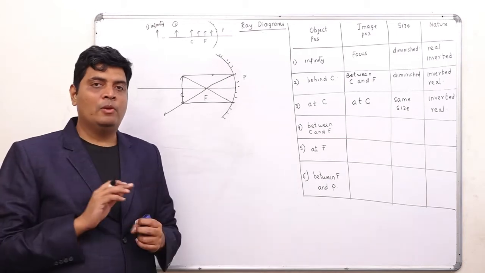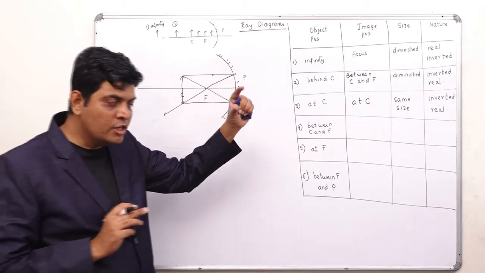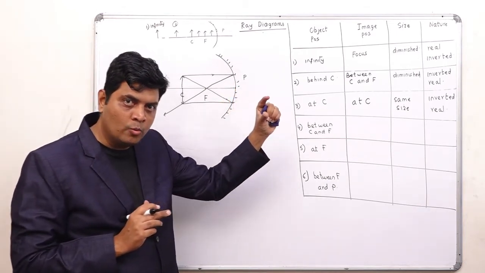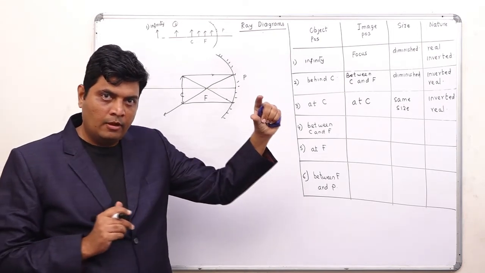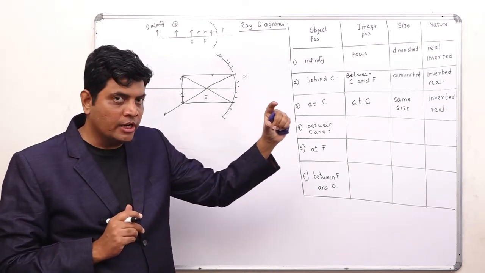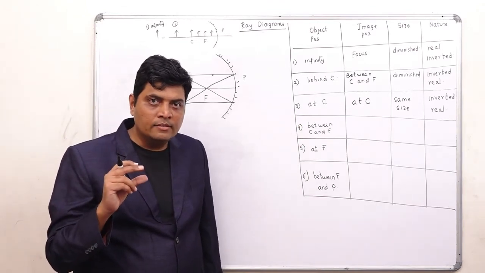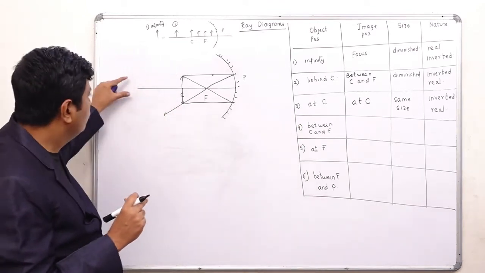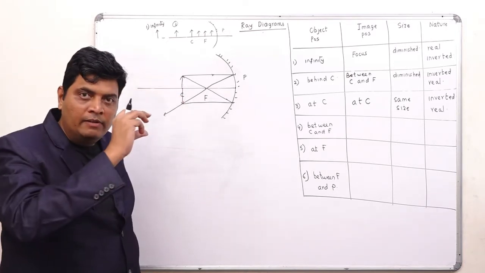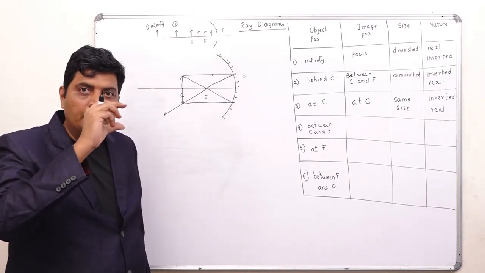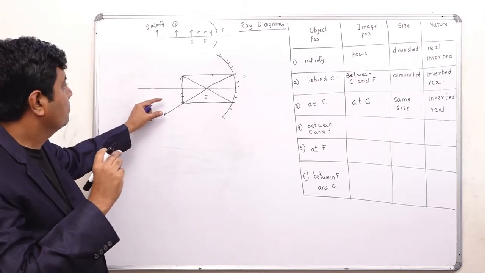Now one more thing you have to remember. As the object is approaching towards C, the image size will decrease.